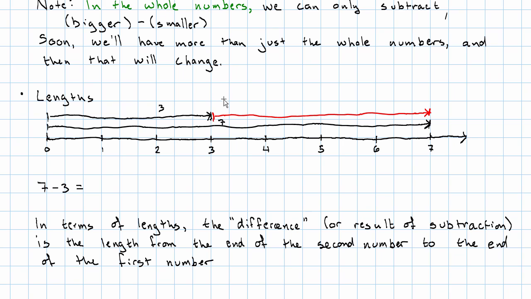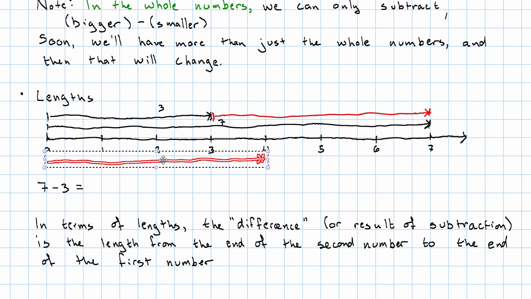To figure out what this length is, I need to pick it up, and I need to move it so that it begins at 0. And that way I can see how long it is. And now I see this is the length that begins at 0 and ends at 4. So this is the length 4.